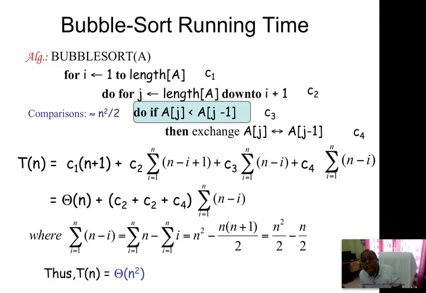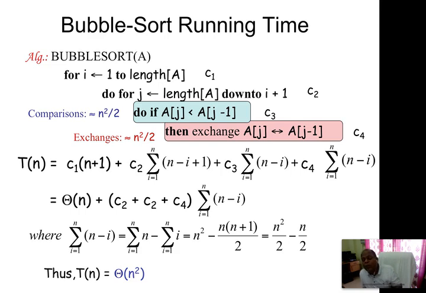Then how many exchanges will be done? Comparison you have to do whatever may be the position of the elements. But the exchange depends on whether it is less than or greater than, and at max the exchange will be n square by 2 minus n by 2.